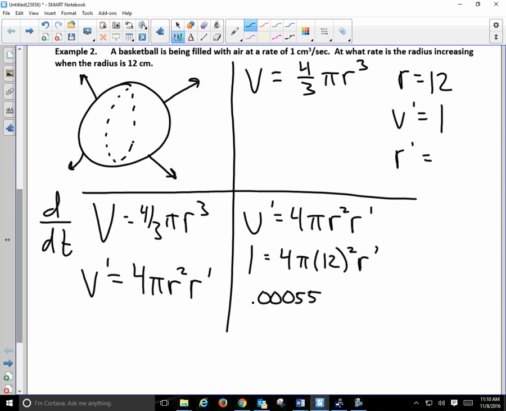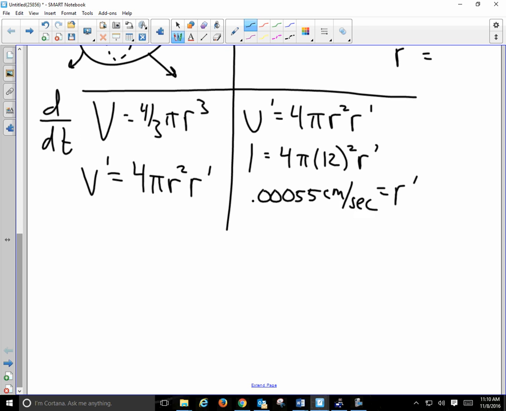Because I'm looking for radius, it won't be centimeters cubed, but just centimeters, and time in seconds. So that's equal to r prime. So if you want to leave it in terms of pi, it would be 1 over 576 pi centimeters per second.